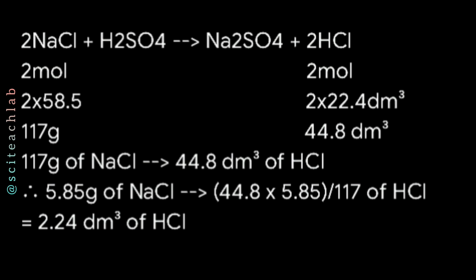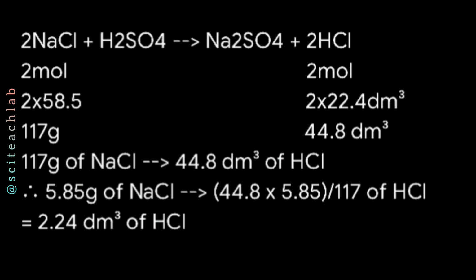Now we are given the mass of NaCl as 5.85 grams, and we're asked to use that to find the volume of HCl on the far right. So we close our eyes to other species that we don't want and open our eyes only to the species that are important for this question. So we close our eyes to H2SO4 and Na2SO4 and only concentrate on NaCl and HCl.